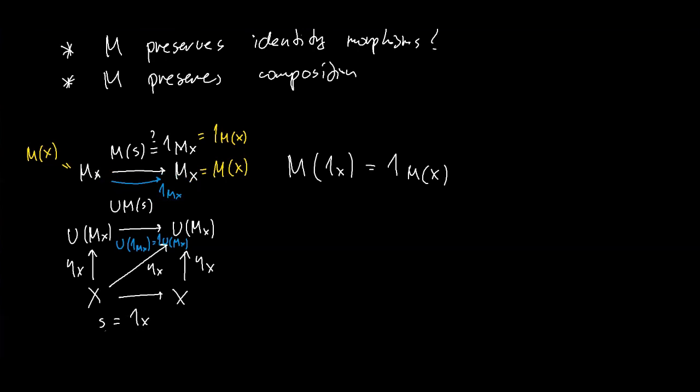Remember, we defined M of S as the unique thing here that makes that triangle commute, but that unique thing must be this one because there is only one, and this is one of them. And we know there is only one because this is an initial object. So that's how we can decide that M of S must actually equal the identity of MX. Does that make sense, Lian?